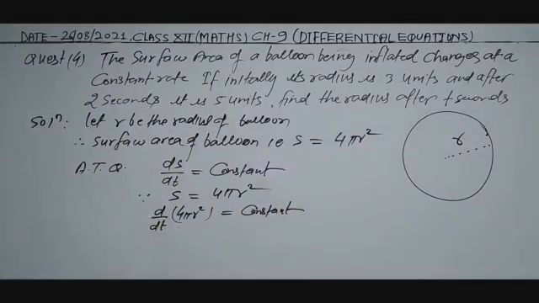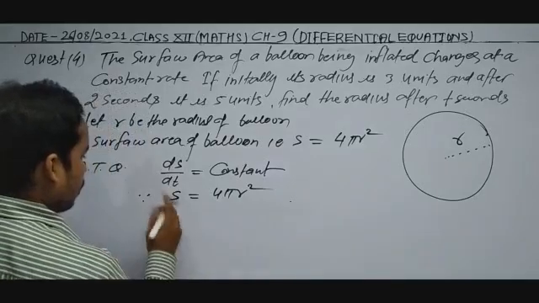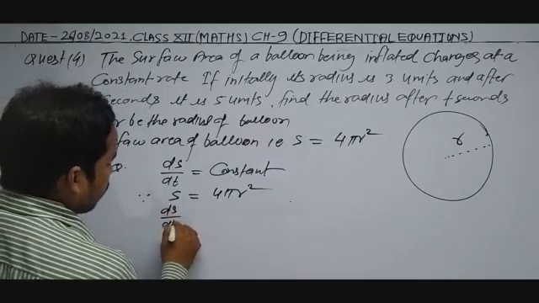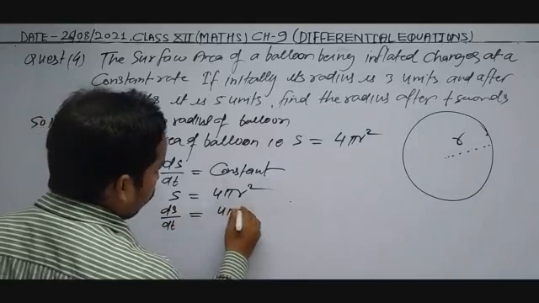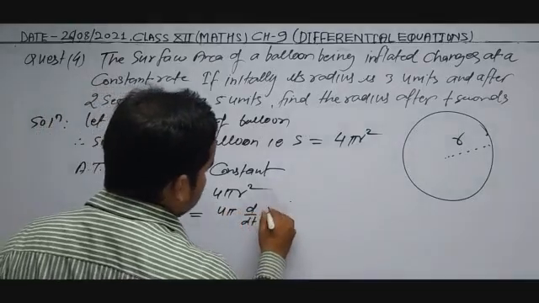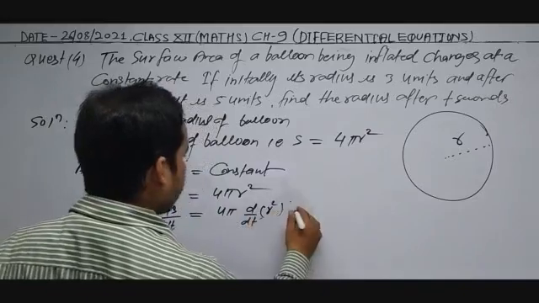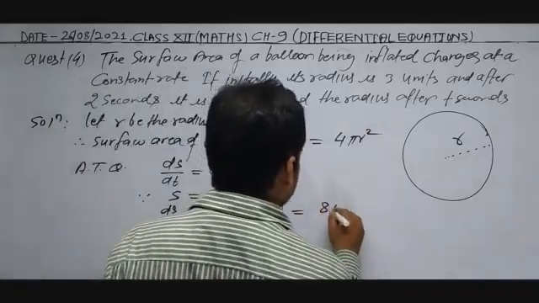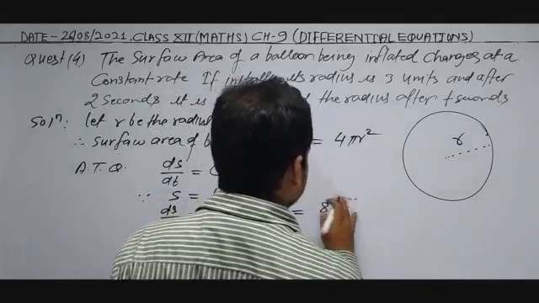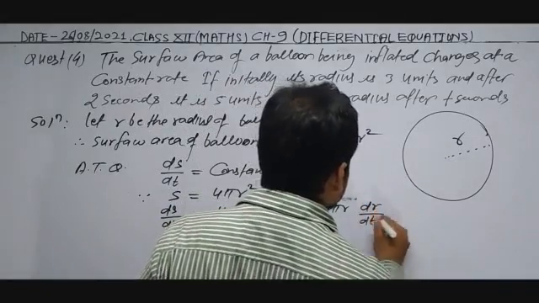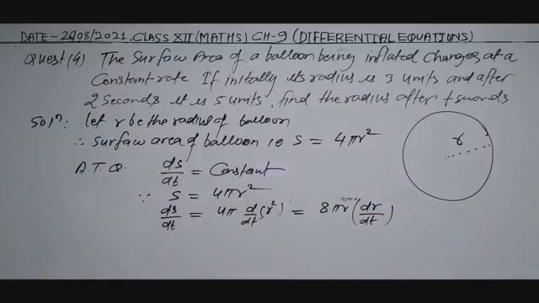When you differentiate with respect to t, dS upon dt is equal to 4 pi d by dt of r square, and you know its value is 8 pi r dr upon dt.